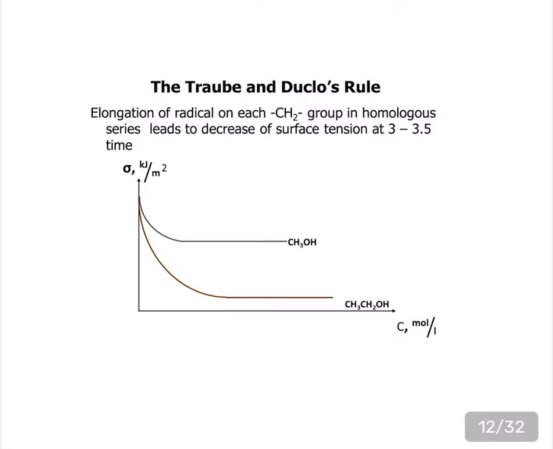It means that ethanol adsorbs better compared to methanol. And if we compare any other substances that have the same chemical structure, we will have the same figure. So the longer the radical, the lower the surface tension value.